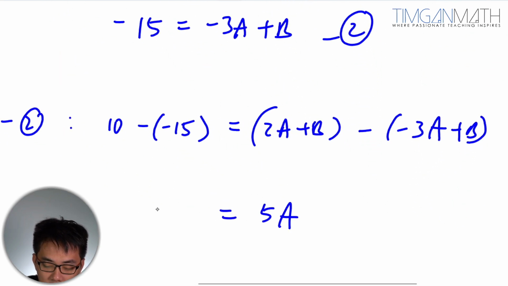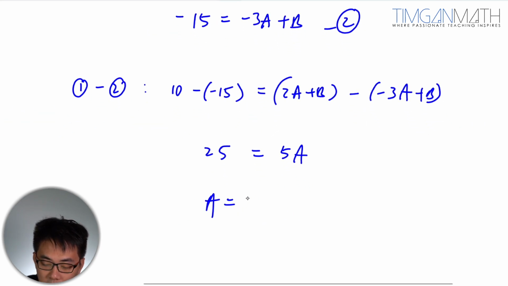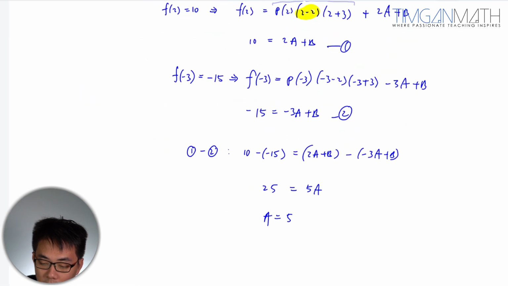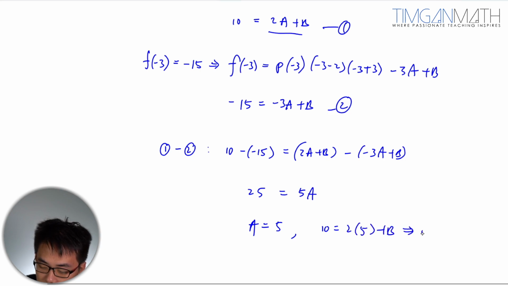So 5a equals 25, and a will just be 5. Then we replace this into the first equation: 10 equals 2 times 5 plus b. So this will give us b equals 0. Hence, a equals 5, b equals 0.